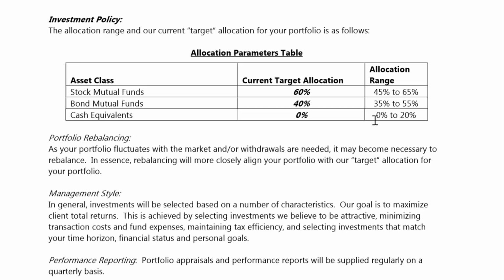That would be our current target allocation. However, we may have an allocation range of, say, 45% to 65% in stocks and 35% to 55% in bonds. The allocation range sets boundaries or guardrails on how your portfolio is invested.